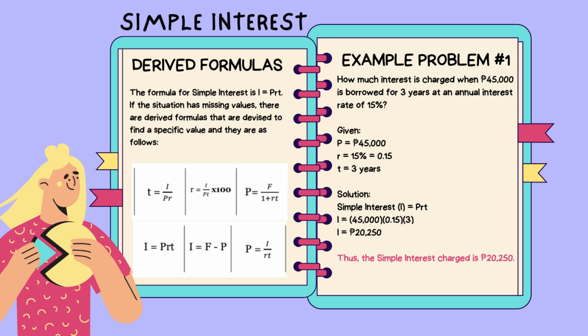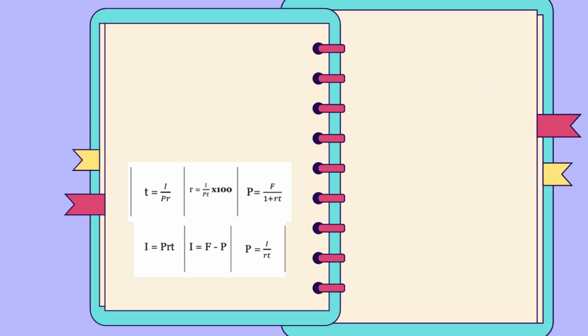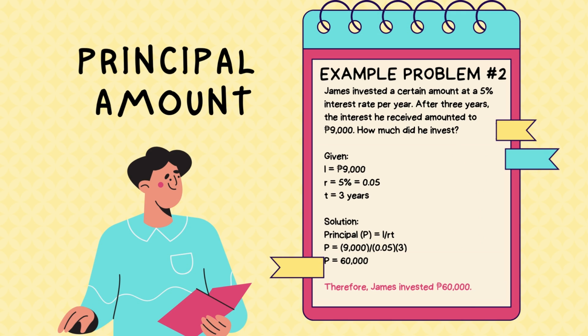Using the formula, simple interest is equal to the principal amount times rate times time. We substitute the values to the formula, and we have 20,250 pesos. Thus, the simple interest charged is 20,250 pesos.